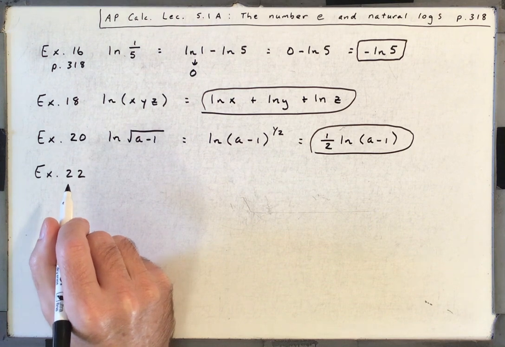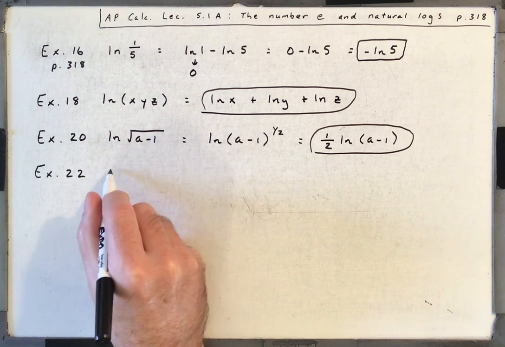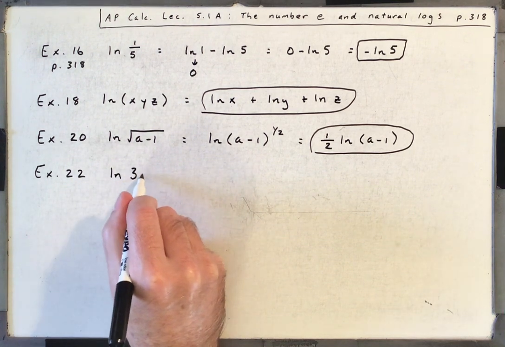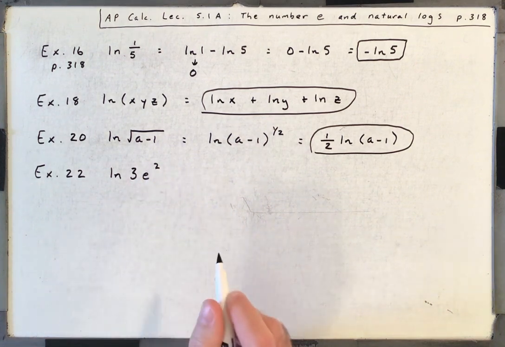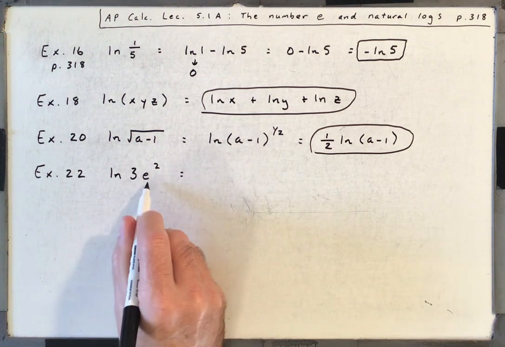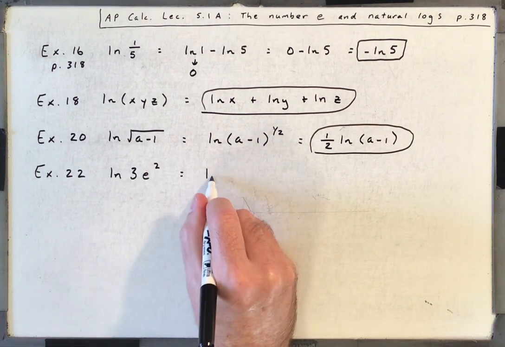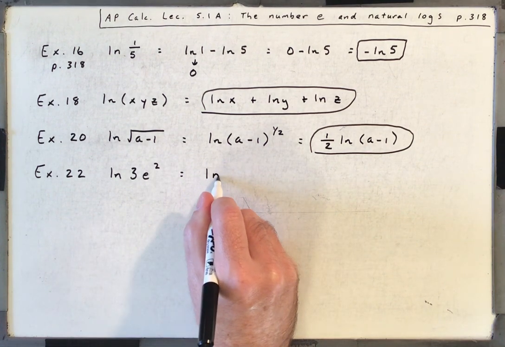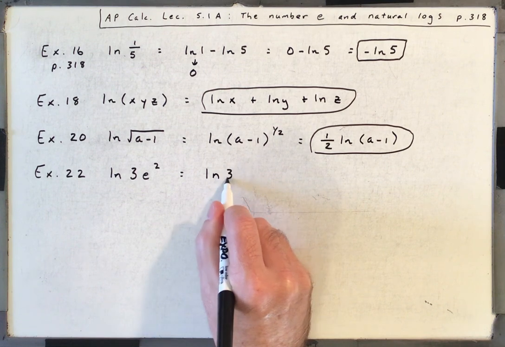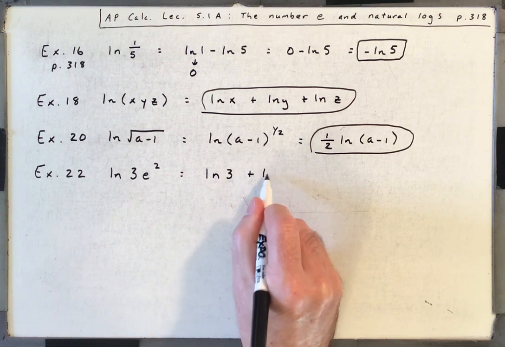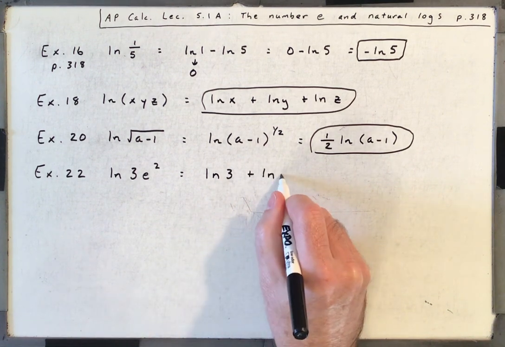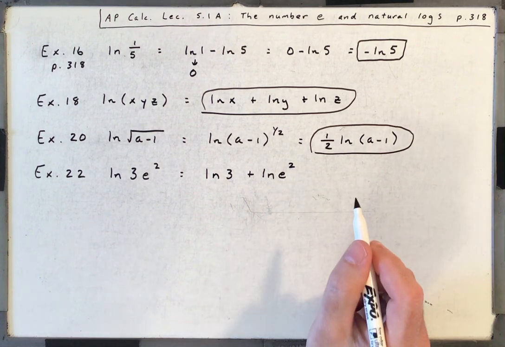All right, example 22. We have the natural log of 3e squared. Well, this is a product first and foremost, and then we have an exponent. So let's break up the product into the natural log of 3 plus the natural log of e squared.